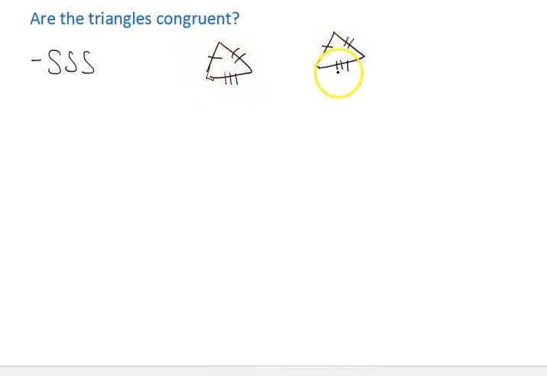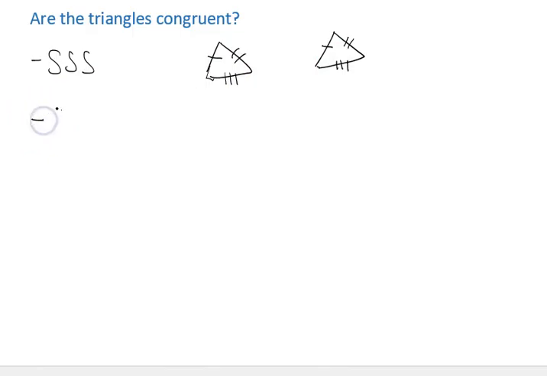So all three sides are marked in each triangle, and they have the same marks. Everything's lining up. That would be side, side, side, and that would tell me that these two triangles are congruent. So even though I didn't mark any angles, if I know all the sides, I then know all the angles. I have just proven that everything matches.